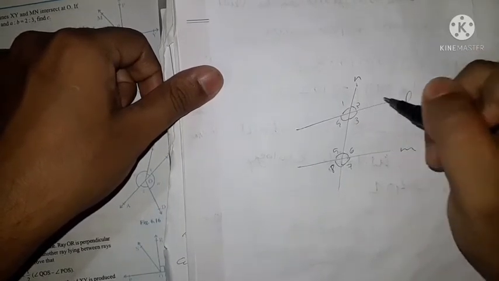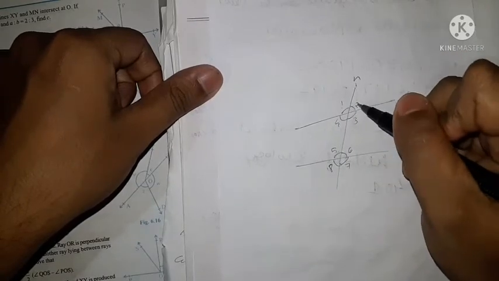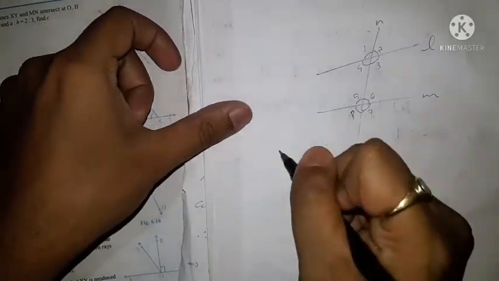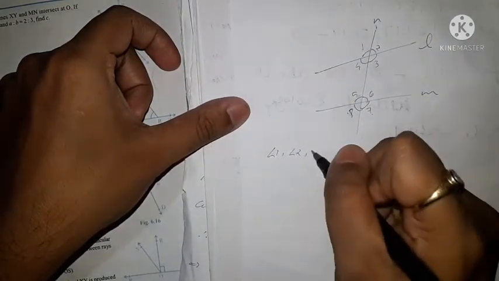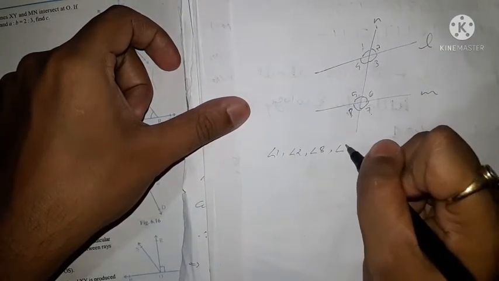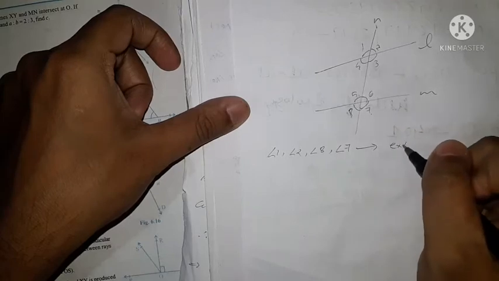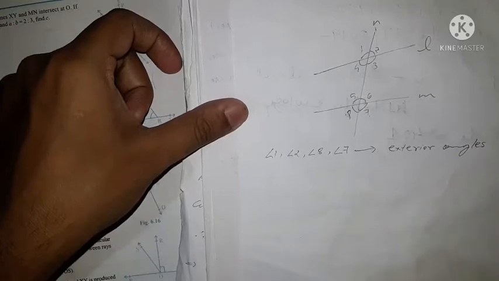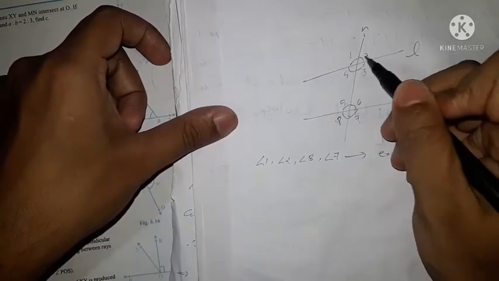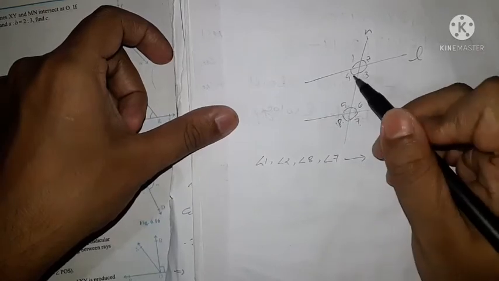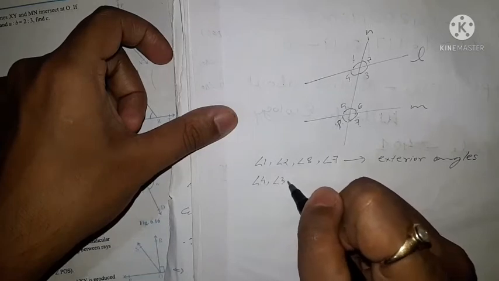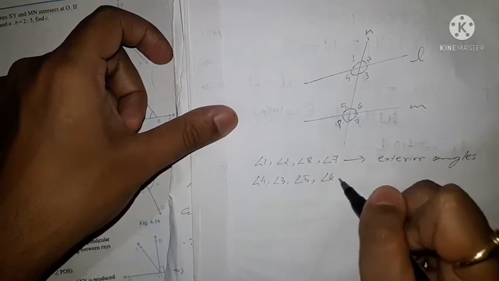Angles 1, 2, 8 and 7 are known as exterior angles, as these are found outside. And angles 4, 3, 5 and 6 are interior angles.